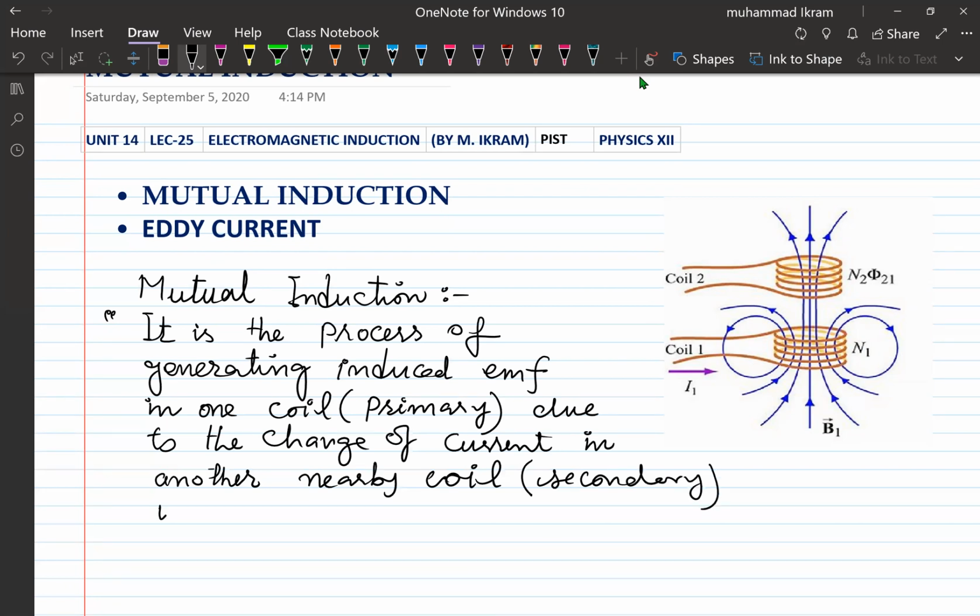This is called the phenomenon of mutual induction.